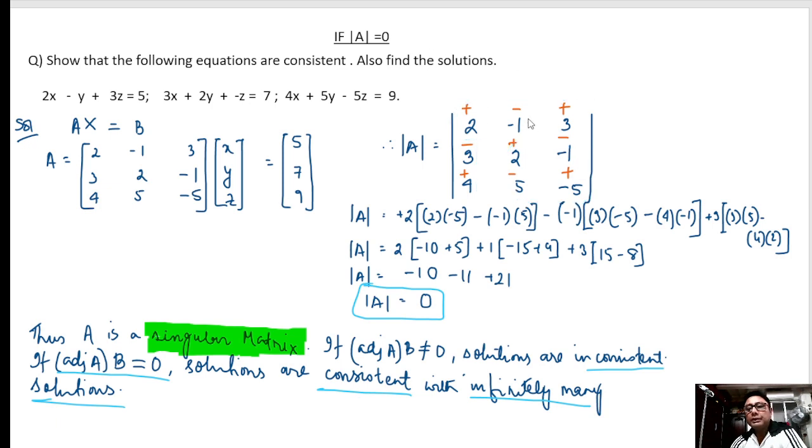Similarly, if you are choosing this position, you cannot take this row and this column. You have to choose this, this, this and this. Similarly, if you want to find the cofactor of this, you cannot take this row and this column. You have to take this part.